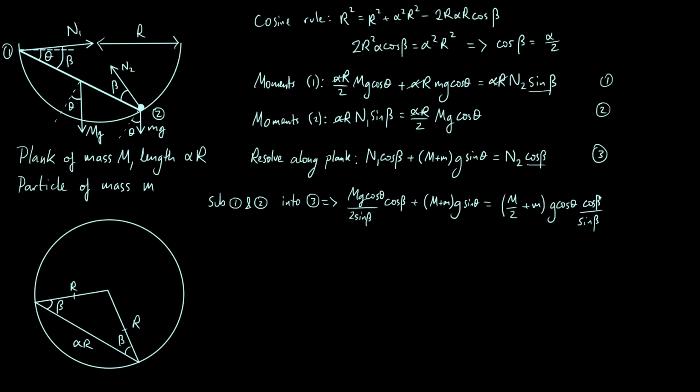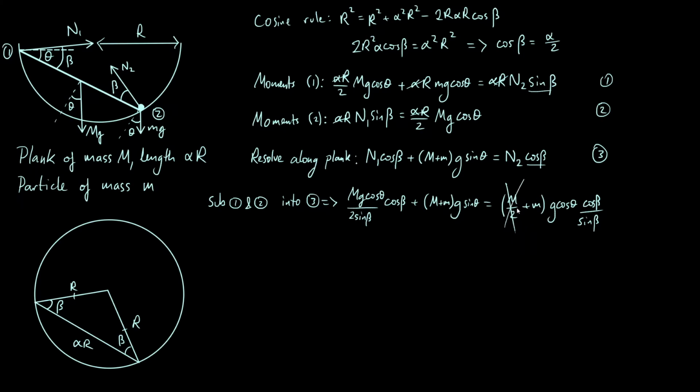Okay, so fair amount of algebra going on there, but we've done our substitution, and now it's just a matter of simplifying this equation to give us theta in terms of beta, right, because we've eliminated the two normal reaction forces. Okay, so very conveniently we have on the left big Mg cos theta cos beta over 2 sine beta. We have exactly the same thing as this first bracketed term on the right hand side, right?